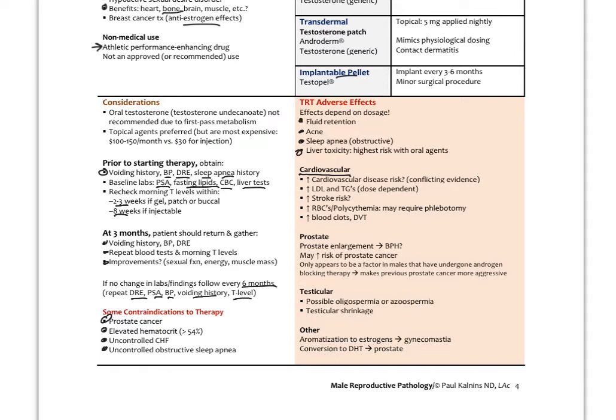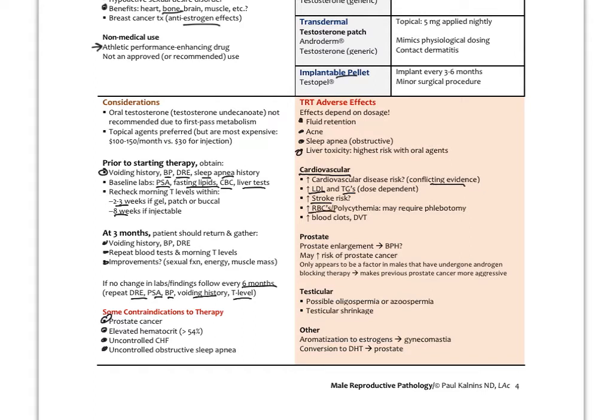Especially, we can see spikes of testosterone that can actually increase cardiovascular risk. So the evidence is really conflicting out there depending on the dosage level that people are using. But typically, the negative effects of testosterone could be to increase LDL and triglycerides, and that would increase stroke risk, and then increasing hematocrit as well.